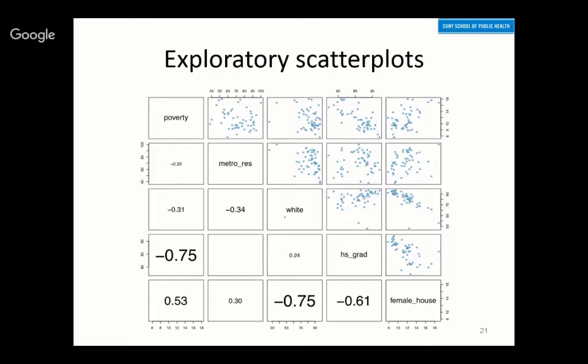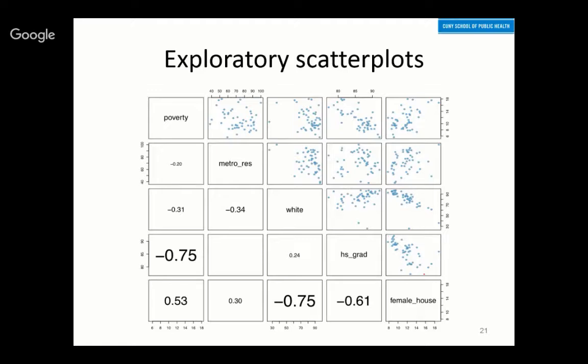And there's also a fairly strong correlation between the percentage of self-reported white and percentage with a female-only head of household. So where there are more self-reported whites, there are fewer female-only heads of household. And also a pretty strong anti-correlation between high school graduation and female heads of household.